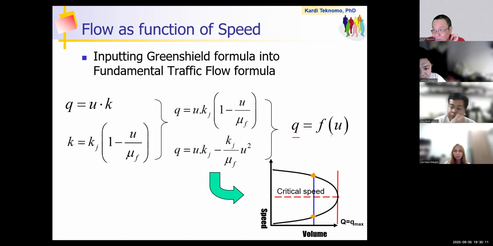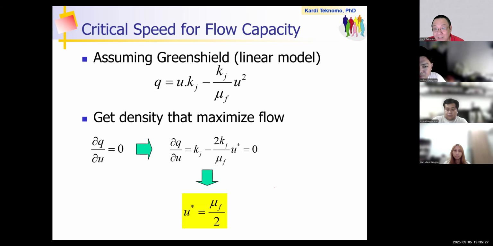Remember, this speed is space mean speed, not time mean speed. I want to get the capacity. What speed makes the capacity? Exactly the same. You take the first derivative and equate it to 0, and you get half of the maximum speed, or the free flow speed.